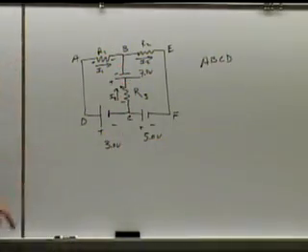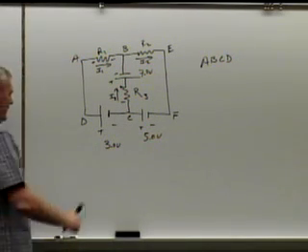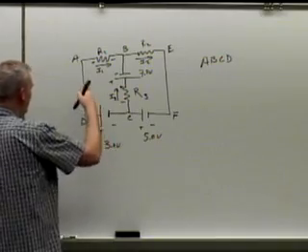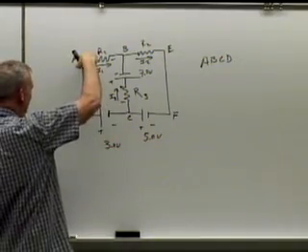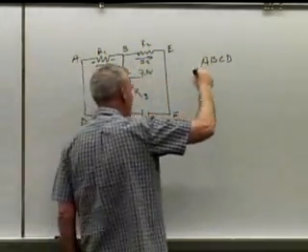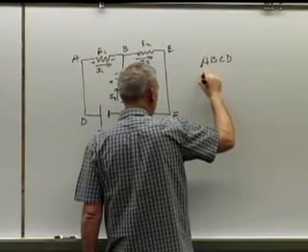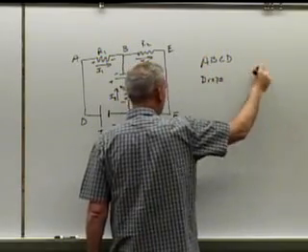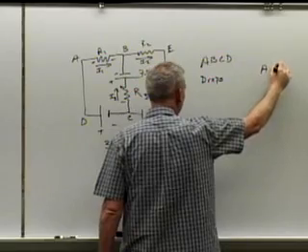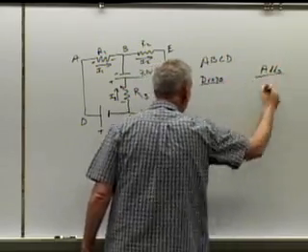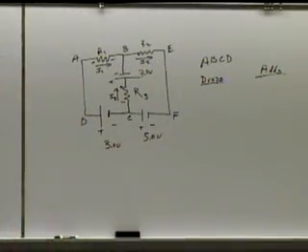You follow the arrow, the way that they've got the current going. And this would be minus plus here. So if we start at point A, we're going to have the drops equals the gains, the loop rule on this one.